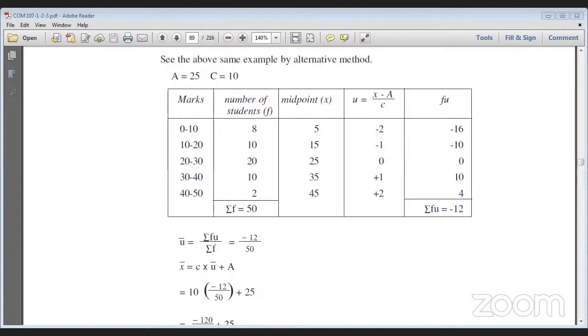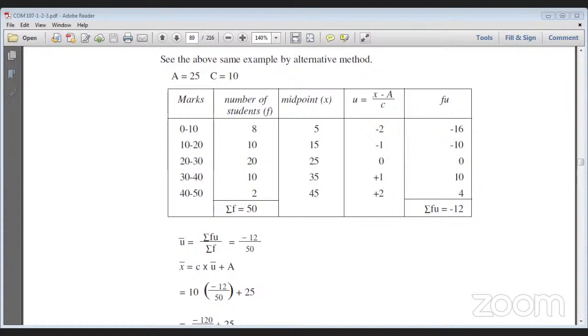That means 3 into 12 will be 36 divided by 4 will be 9. The ninth observation is 29. So this is quartile 3. Quartile 1 is 8, quartile 2, that is median, is 20, and quartile 3 is 29. So in this way, we have to find only quartile 1, quartile 2, quartile 3.